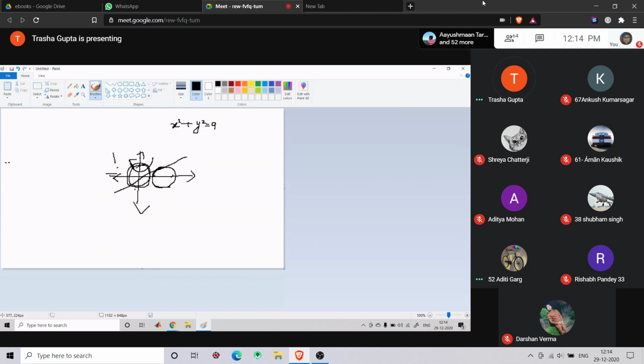This curve is symmetric about x-axis. This curve is symmetric about y-axis.